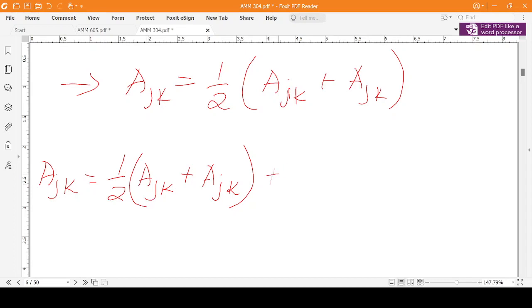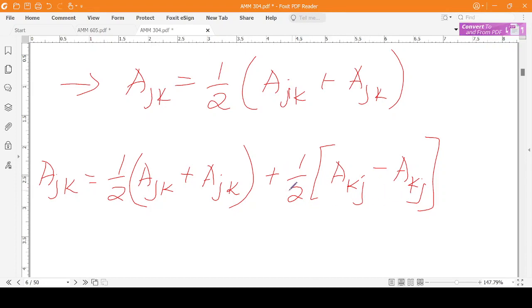We can decide to add a half of Akj, but subtract, so that we are adding 0. So whatever we are adding here is 0. This has no effect on the addition. 0 is an identity with respect to addition.